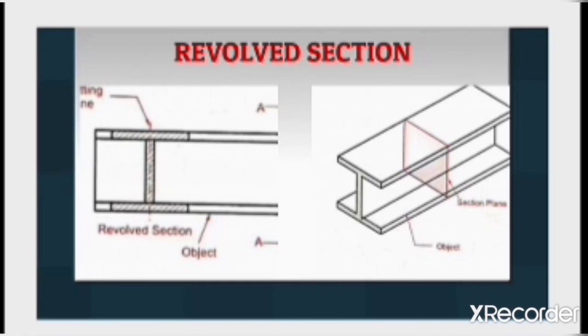But the section obtained by passing the cutting plane across the axis of object will be revolved through 90 degree. So this section will be called as revolved section. These are the different types of sections. Thank you.